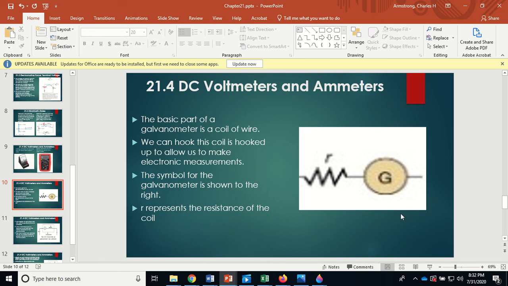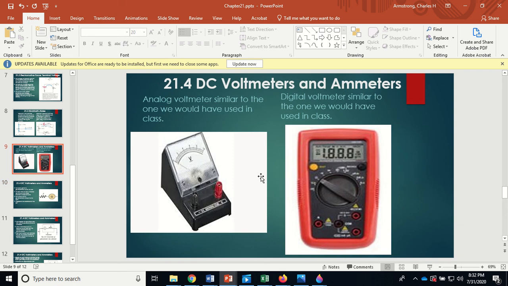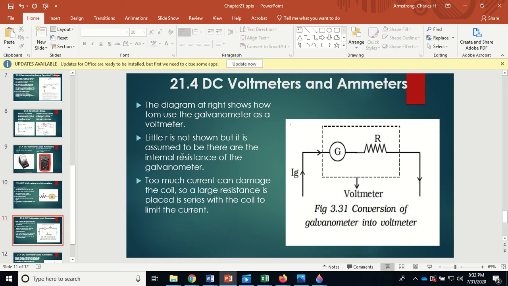So what this represents is a coil, and this is the resistance of the coil. The coil reacts to current and voltage, and by changing a magnetic field it can cause a needle to move, and we put that needle on a scale like this, and it tells us what current is going through there, what voltage is across the galvanometer.